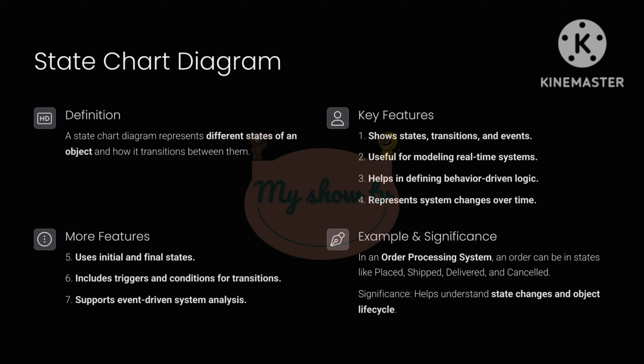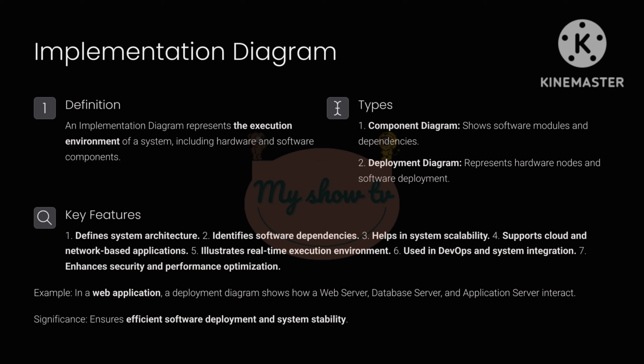A traffic light system has states, red, yellow, green. Events, time delay, pedestrian button press, trigger transitions. Significance. State chart diagrams help developers model life cycles of objects, especially in event-driven applications like workflow management, embedded systems, and process automation. Slide 5.